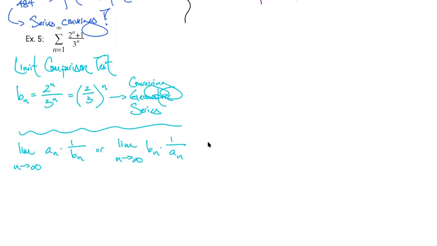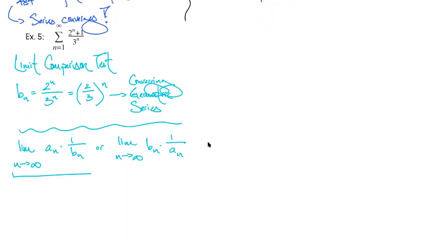So I'm going to use this first one right here. And so I'm going to write the limit as n approaches infinity of 2 to the n plus 1 over 3 to the n, times the reciprocal of b sub n, which is 3 to the n over 2 to the n.